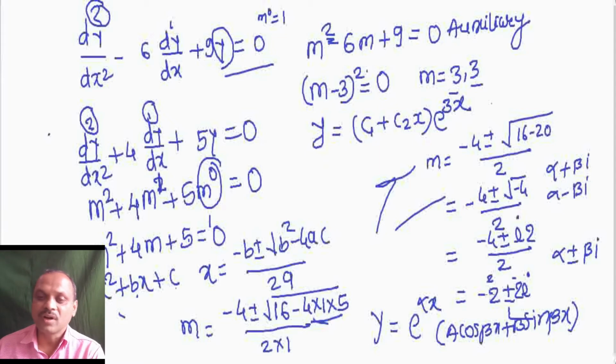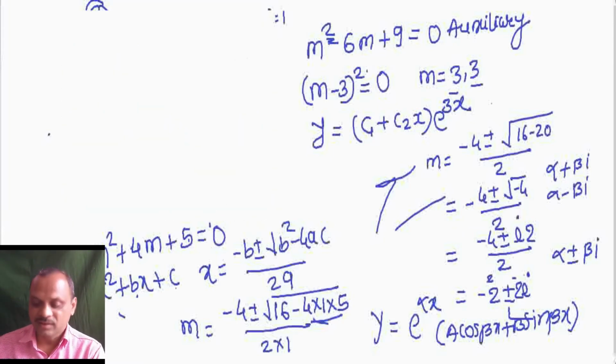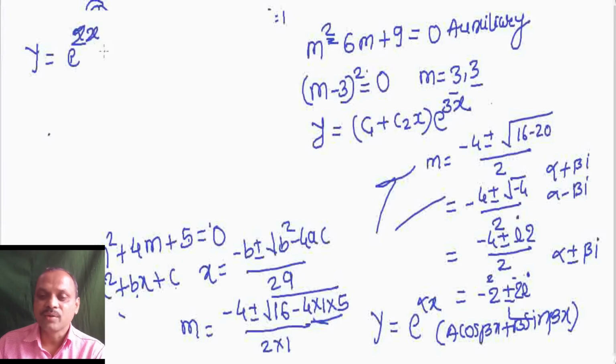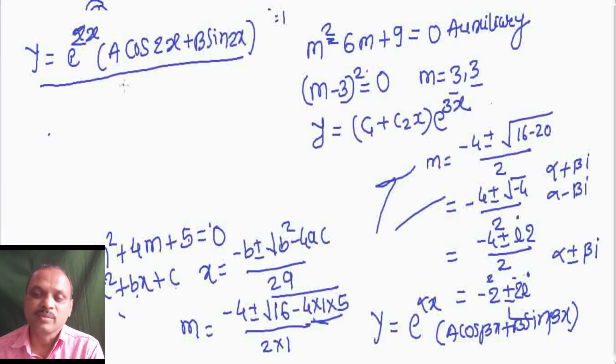Therefore we write the solution of this equation by putting the values of alpha and beta. This is e^(-2x) (a cos 2x + b sin 2x). So this is the solution of the differential equation where the roots are imaginary.